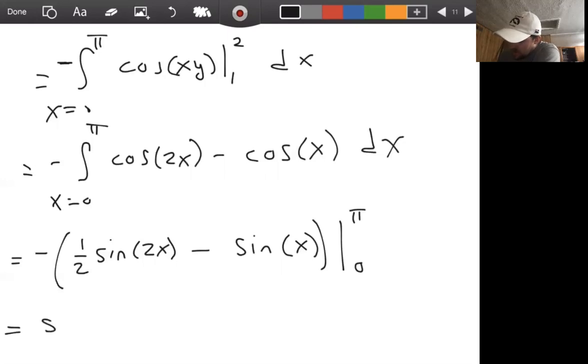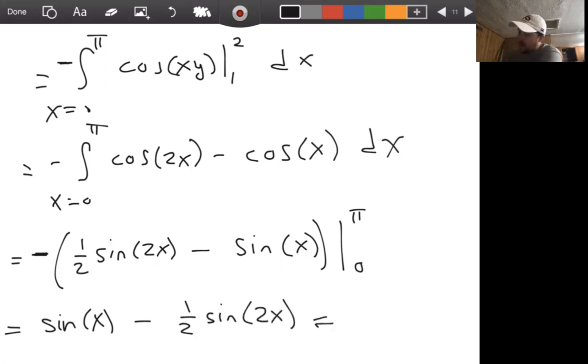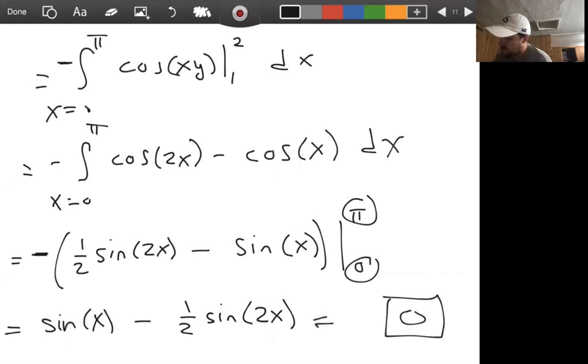And I can flip the order by distributing the negative. So this is going to be sine of x minus 1/2 sine of 2x. And then here I notice if I plug in pi, well, sine of pi is 0, sine of 2 pi is 0. If I plug in 0, sine of 0 is 0, sine of 0 is 0. So the whole integral ends up being 0.